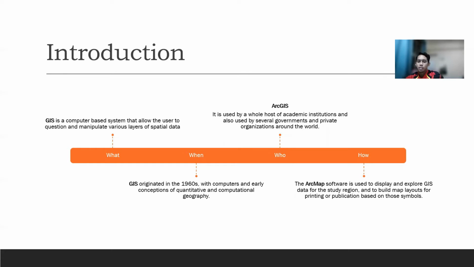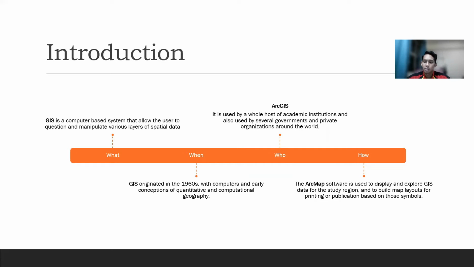What is meant by spatial? Spatial means related to space, and data means facts or statistics collected together for reference or analysis. Both combined together, it makes space data.